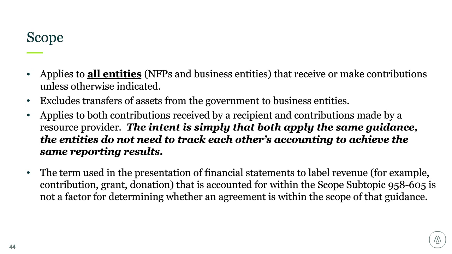So sometimes a for-profit organization may have a contract with the government. Those are scoped out of this. The intent is to apply this guidance to both entities, but you don't have to make sure that you're doing the same accounting as the giving organization.